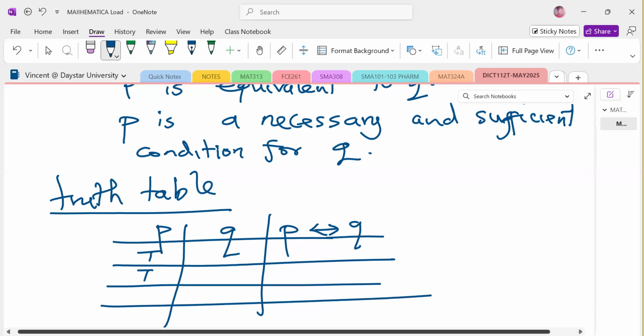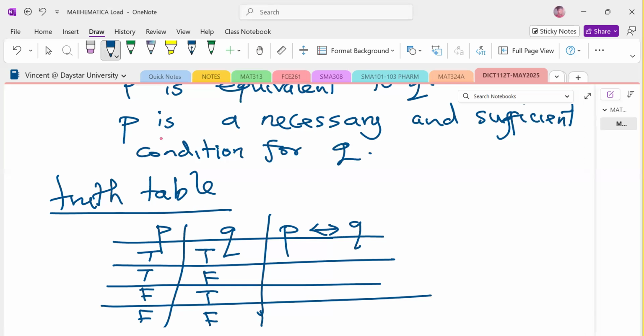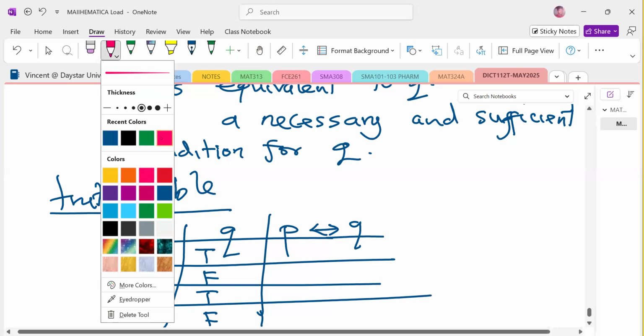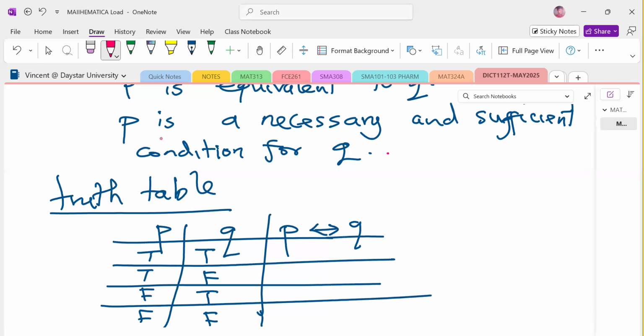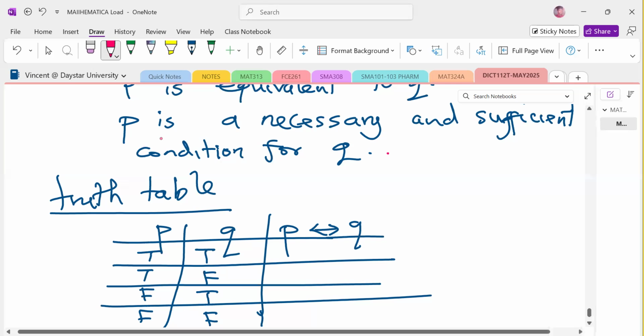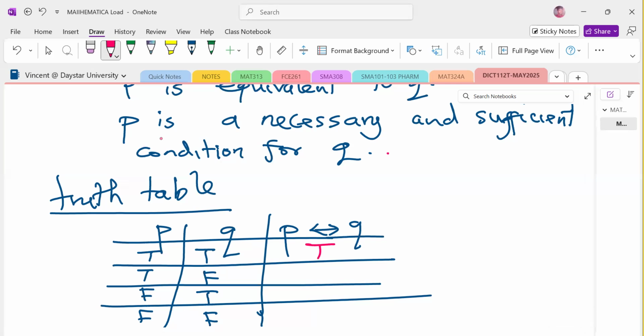So true, true, false, false, true, false, true, false. So here, P if and only if Q means that the result will be true when the truth value of the first statement P and the truth value of the second statement Q are identical. So therefore, this will be true, this will be true, but these other ones will be false.